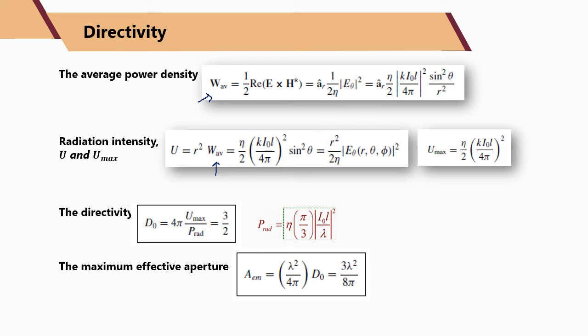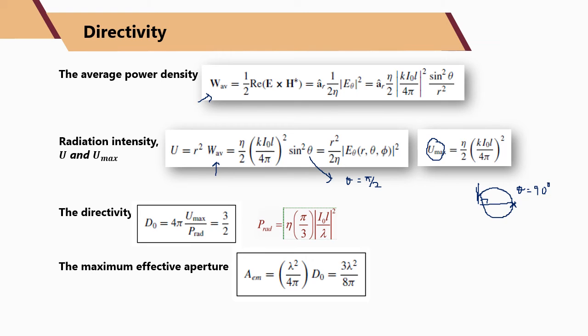The maximum radiation intensity U happens when theta is equal to 90 degrees. So when you look at the dipole antenna radiation pattern, the maximum radiation is seen at theta equal to 90 degrees.